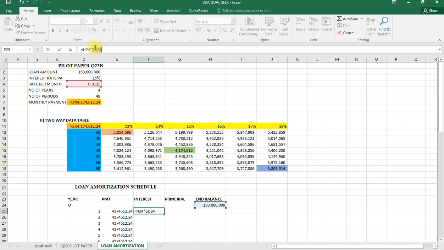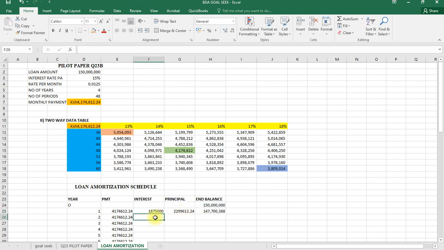I lock this, fully locked, and I enter. My principal will be the payment minus the interest, and I enter. And to get the end balance, it will be the beginning balance minus the principal, and I enter, that way.